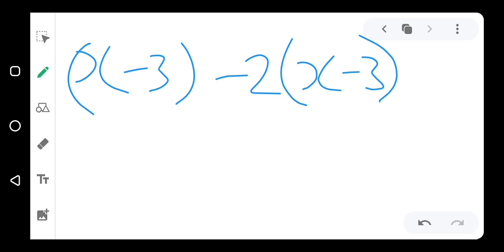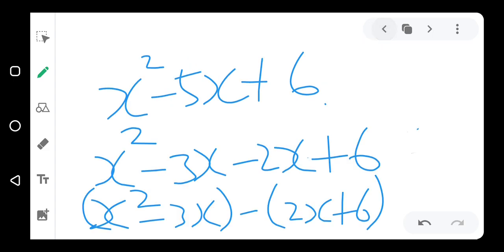The only way for us to get plus 6 here is to have minus, so that minus 2 times minus 3 is plus 6. If we had plus 3, minus 2 times plus 3 would give us minus 6, but it is not minus 6 that we have here, it is plus.